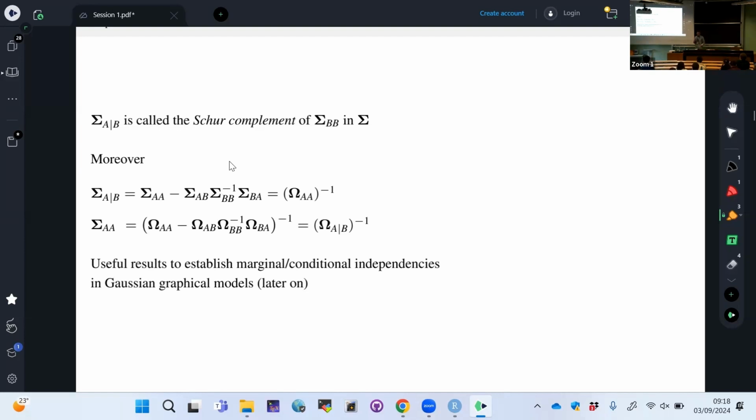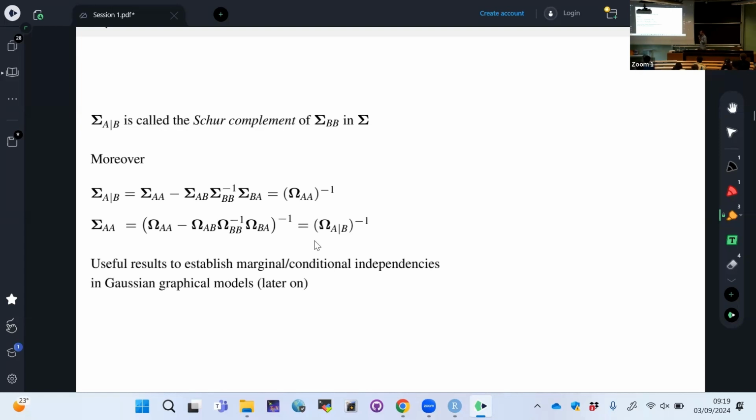And also, we can write the same by exchanging the roles of omega and sigma, as in the second statement, which expresses a relationship between sigma_AA, a block of the covariance matrix, and the Schur complement of omega. This coincides with omega_A|B to the -1, the precision matrix of the conditional distribution of A given B, inverted.